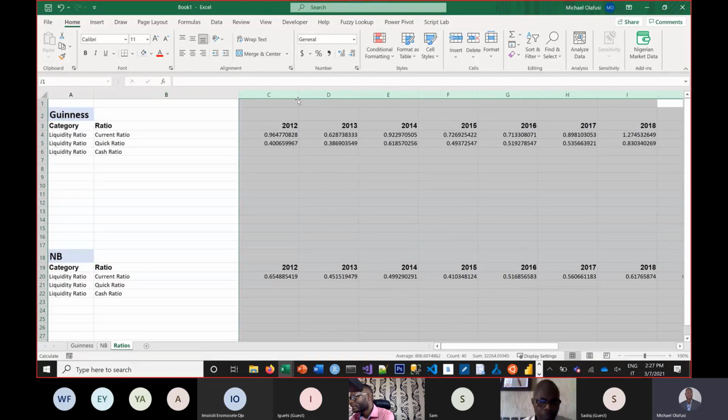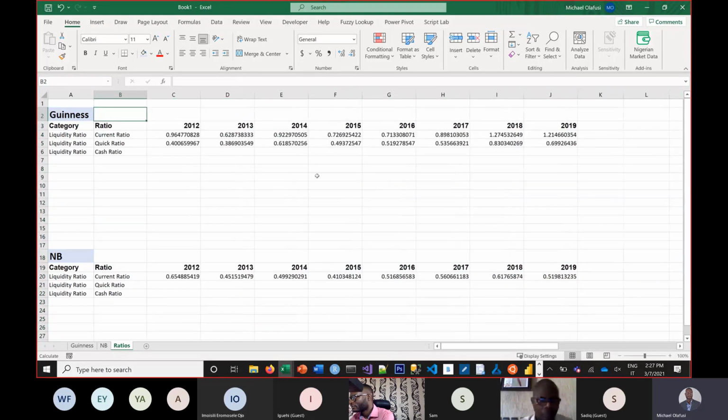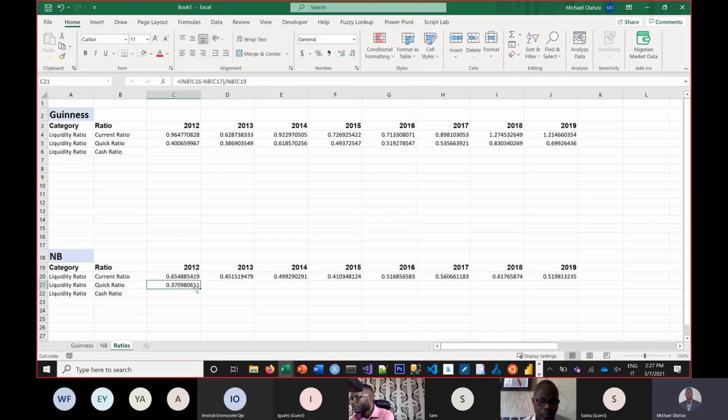Let me reduce the amount of space in there, and also for this, so we see everything on the screen at once. I am going to do likewise for Nigerian Breweries. I put in brackets, grab the current assets, take out the inventory, and divide by the current liabilities. And I'm going to drag all the way to the end.